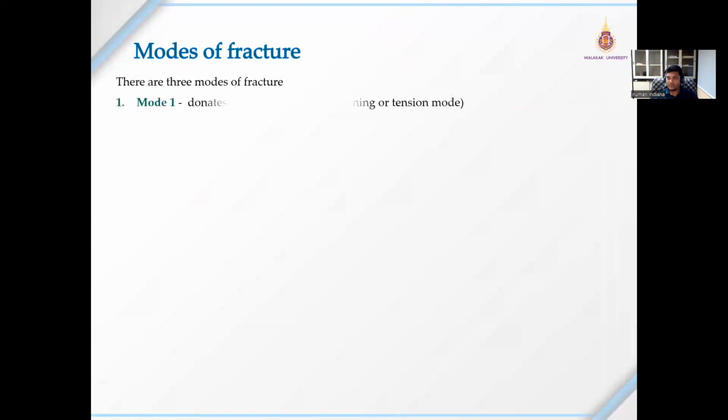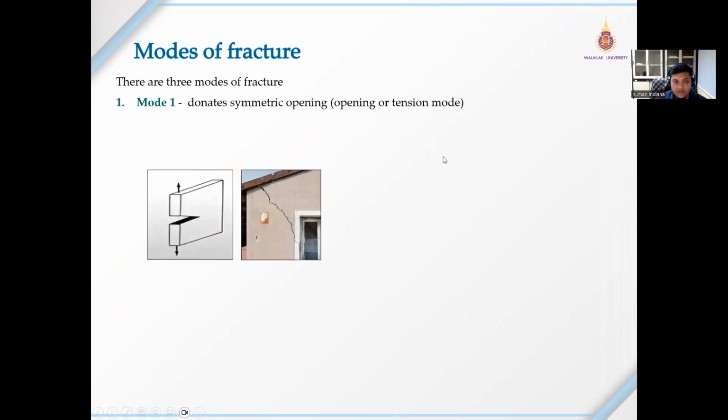There are three modes of fracture. First is mode 1, which denotes the symmetric loading, which we call a symmetric opening, or the opening or tension mode. So this is mode 1, where the crack will happen in a symmetrical way.